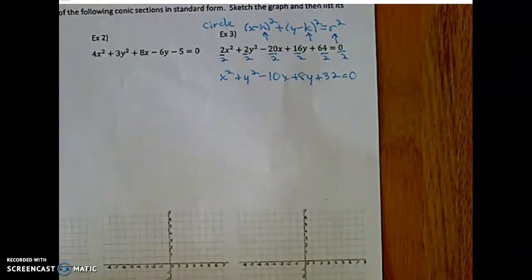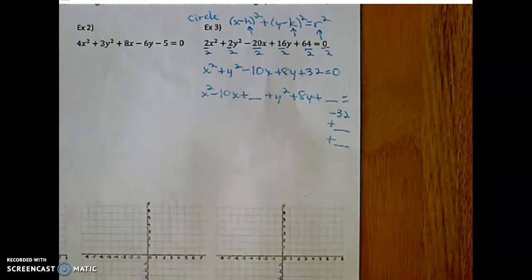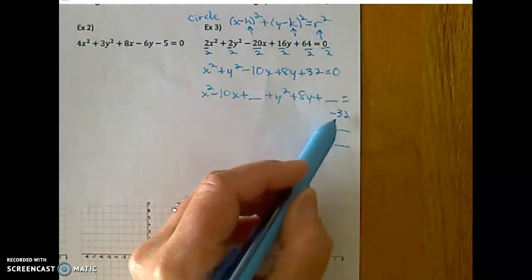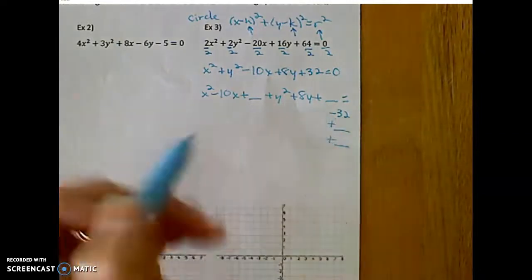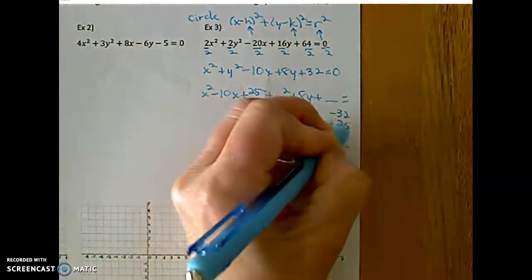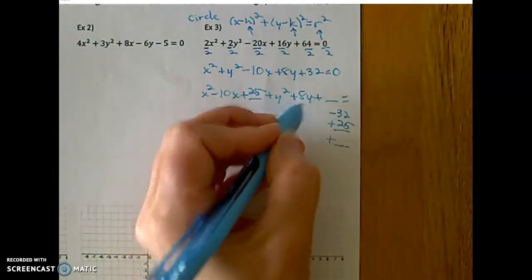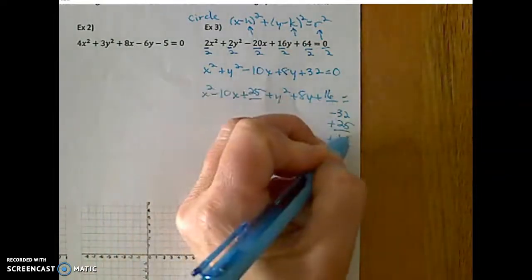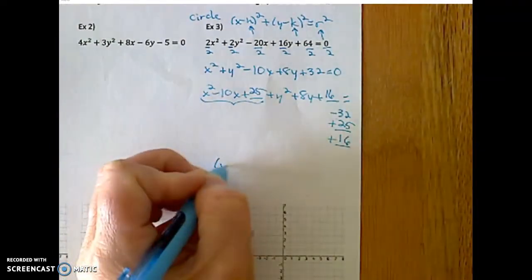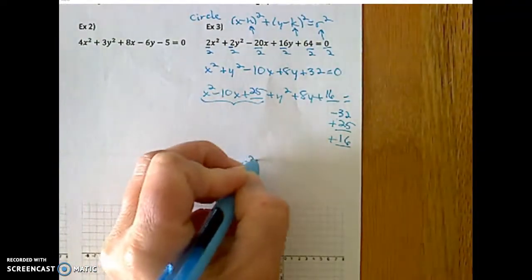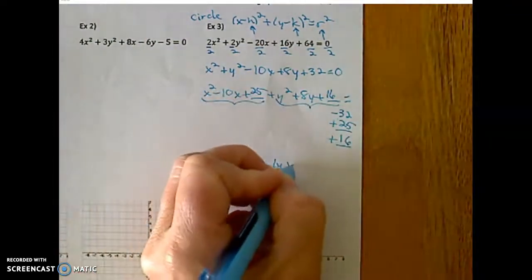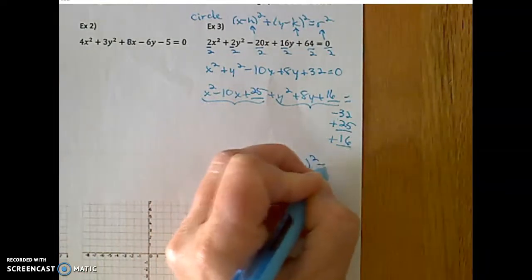Pause and put that circle in standard form if you would. Okay, collect your x terms. Collect your y terms, move that 32 to the right, subtract 32. Divide by 2 and square, 25 completes my square. Divide by 2 and square, 16 completes my square. Factor this, then I get x minus 5 squared plus, factor, y plus 4 squared.